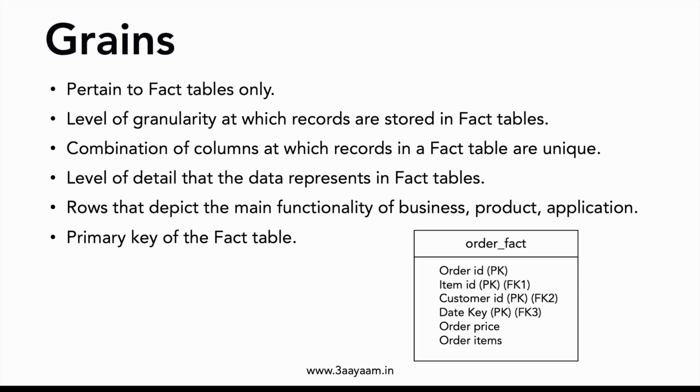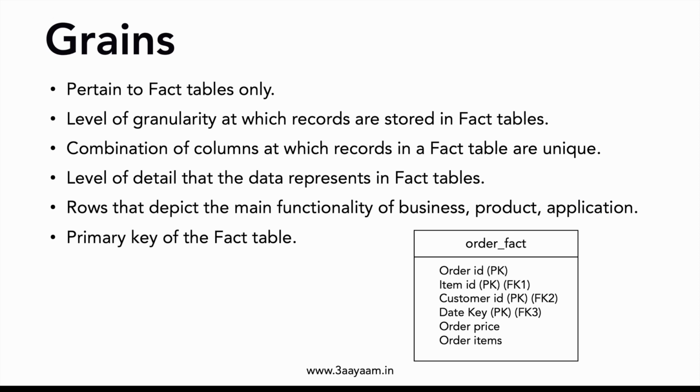So let's say I have this order fact table and I have order ID, item ID, customer ID, date, order price, and order items. So what is the grain here? The grain is basically the individual order items, because the primary key is order ID and item ID. Even if we remove, let's say, customer ID and date, the combination of order ID and item ID would always be unique, because this is how you run your business, or this is the business process.